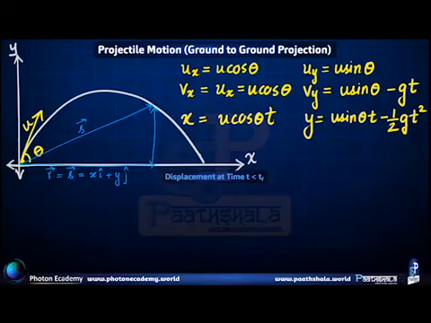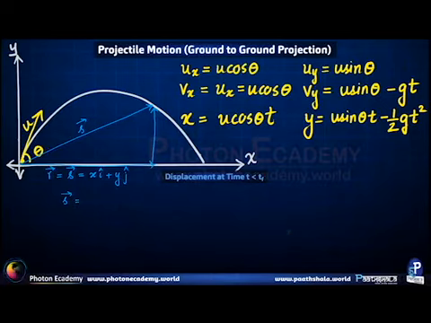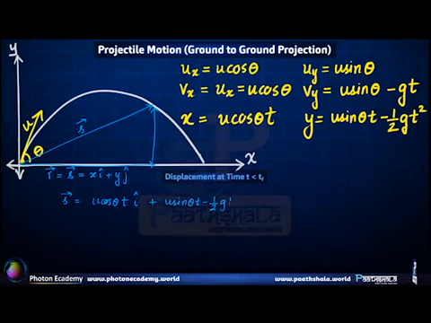So what is the displacement? s bar is equal to u cos theta t i cap plus, what's the y component, u sin theta t minus half g t square j cap. So this is the vector displacement.